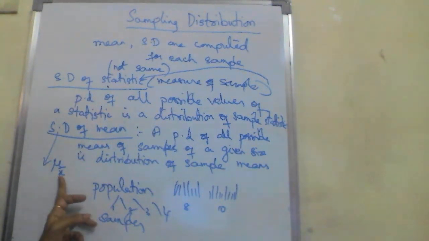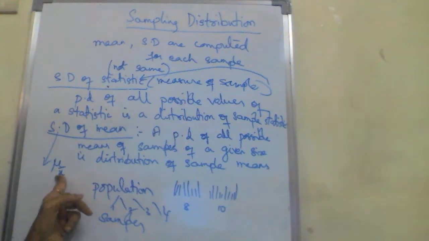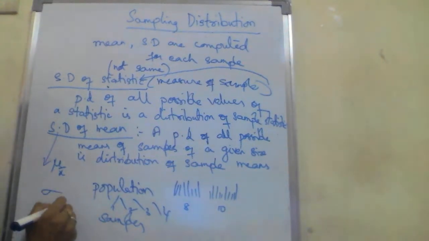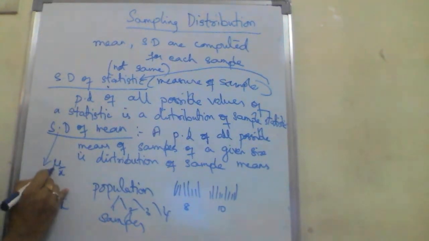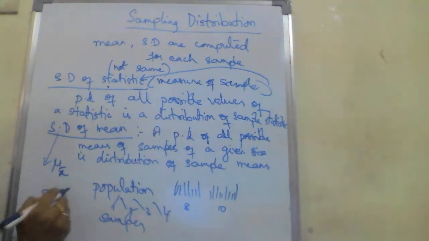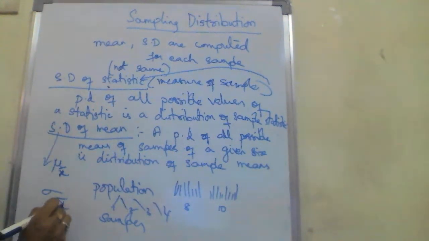X bar is the mean, and this is the sampling distribution of mean, and its standard deviation is represented by sigma x bar. The mean of the sampling distribution you write like this, and the standard deviation of the sampling distribution of mean, you represent with this sample mean x bar.